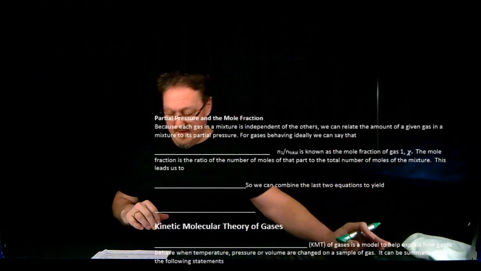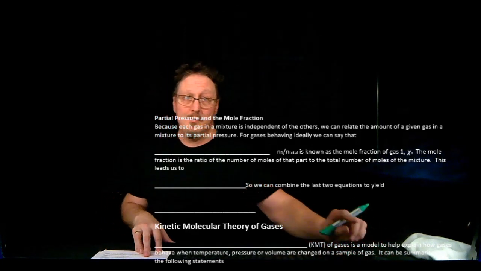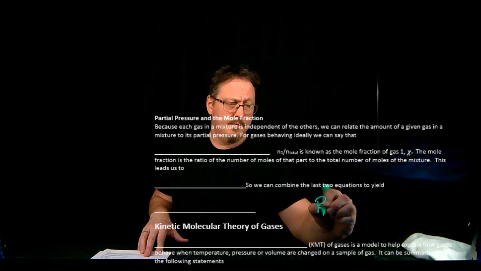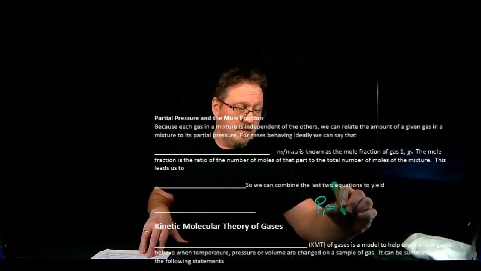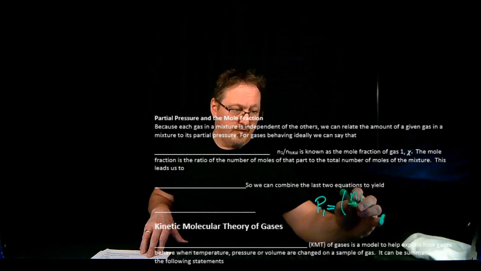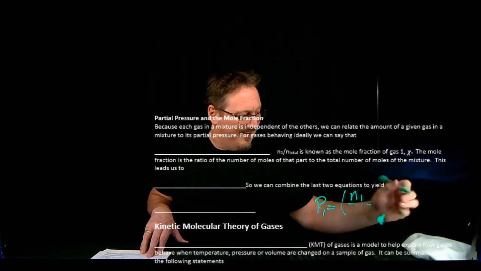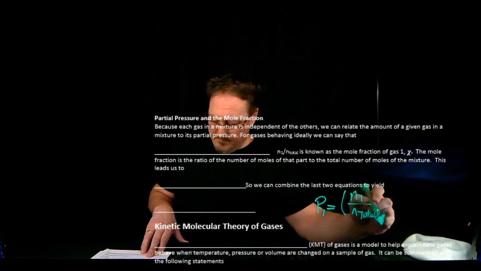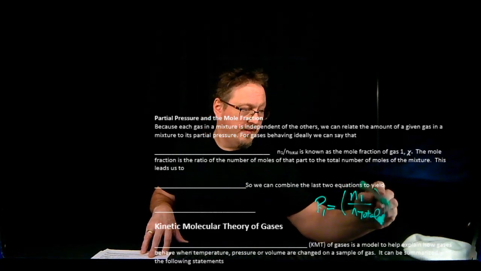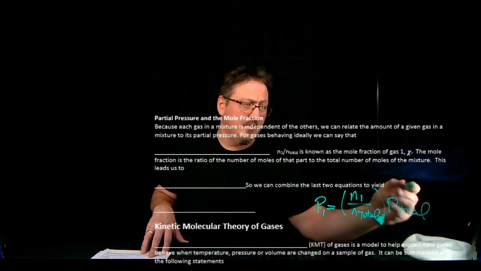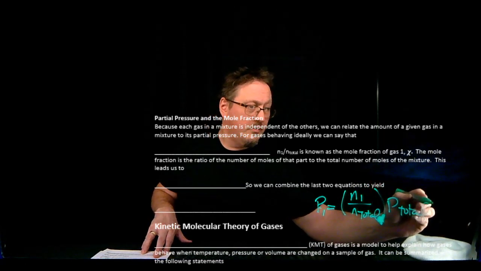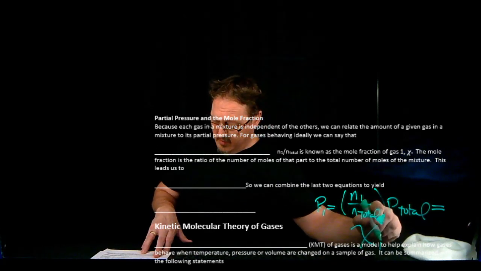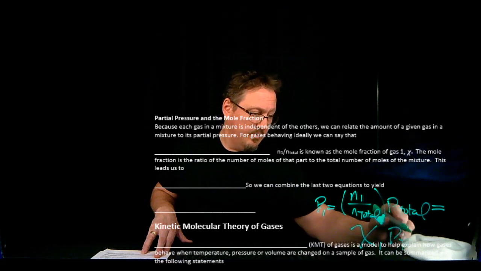When we combine those together, what we end up with is that pressure of 1, so P1, equals the mole fraction, the moles of 1 divided by the moles total, times P total, which is going to equal our mole fraction, chi of 1, times the pressure total.